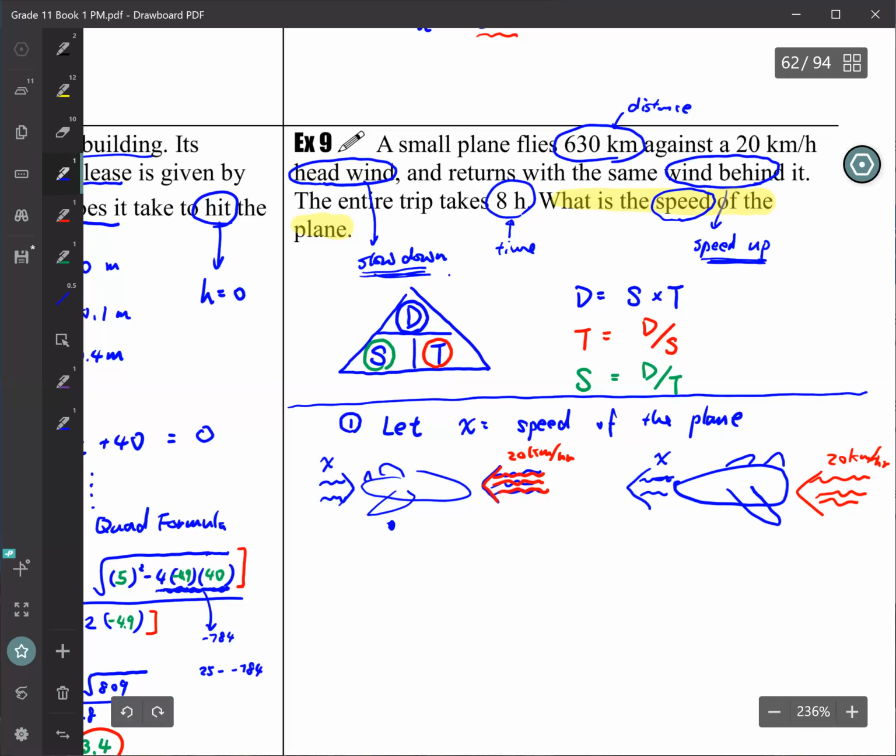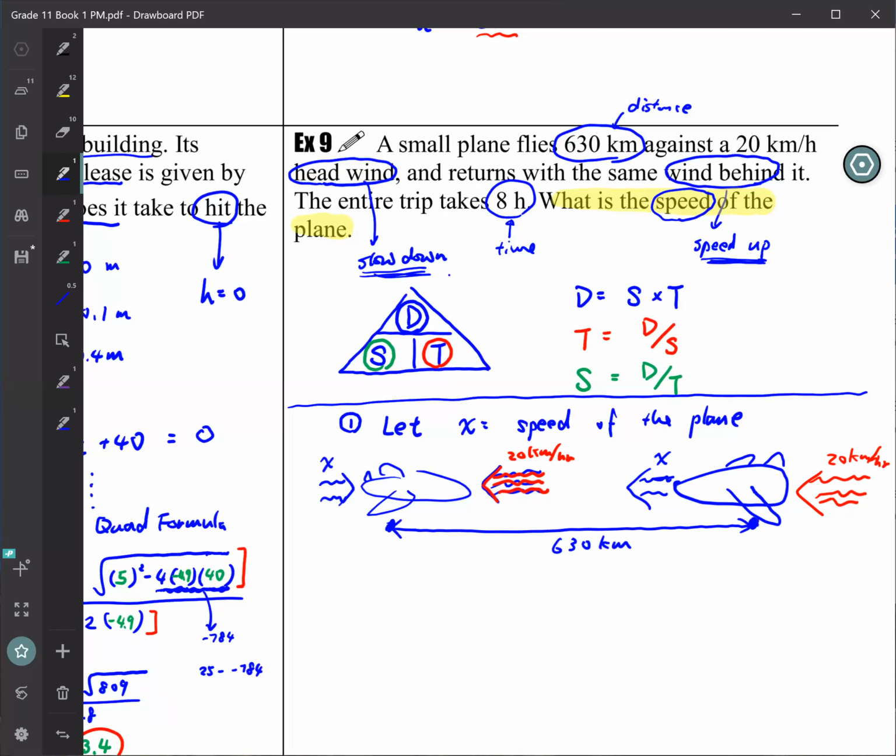That's starting from going to the destination and then return. The distance apart, this is 630 kilometer. Okay, so some of you may learn better with visuals, with pictures. That's why I draw the pictures.